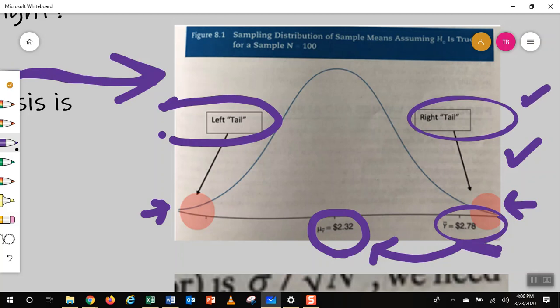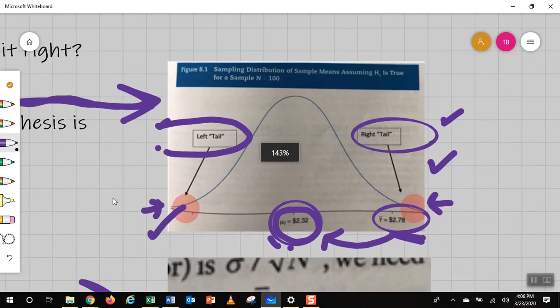However, if we saw the number on this side, we'd call that a left tail test. It's always the relationship between the mean, the number in the center, and the number you're looking at. We'll do this again in the example, so the example will be a little bit clearer.